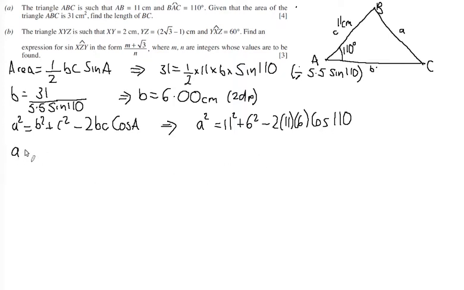When I work this through, I'm just going to take the square root of both sides. I'm not really going to work much out here because I just want an exact answer. There's nothing wrong with just doing this and not working anything out. Obviously there's bits of arithmetic you can do, but I'm just going to leave it like this for the time being: 11 squared plus 6 squared minus 22 times 6, 132 cos 110.